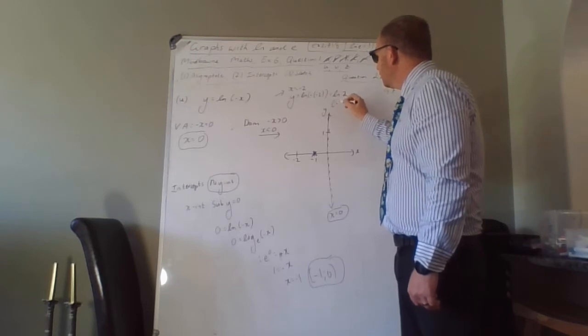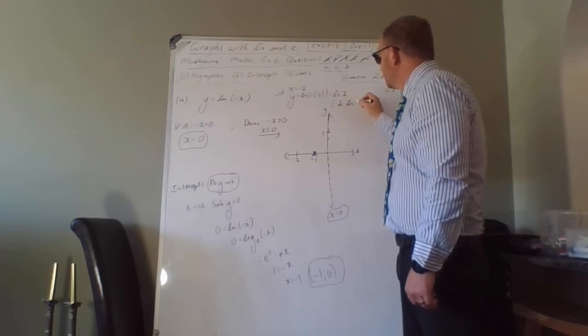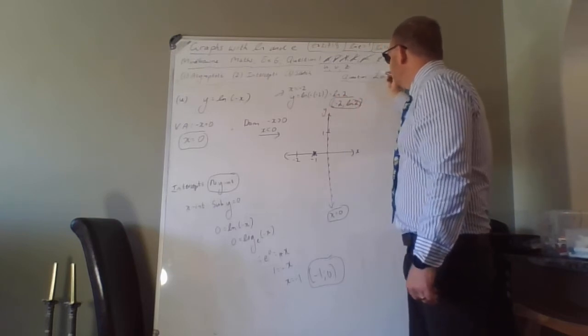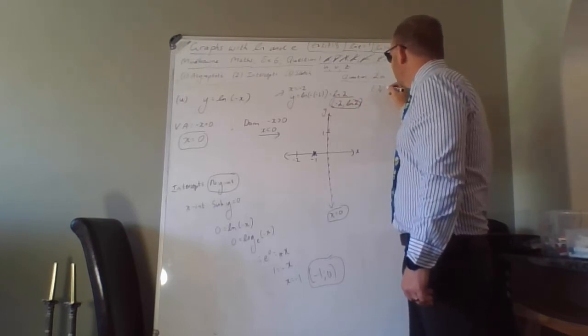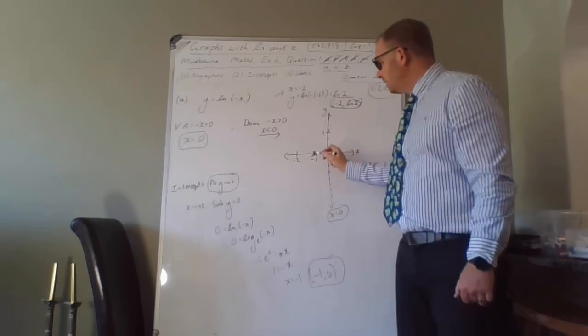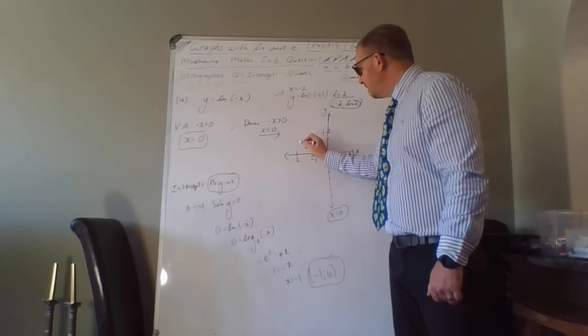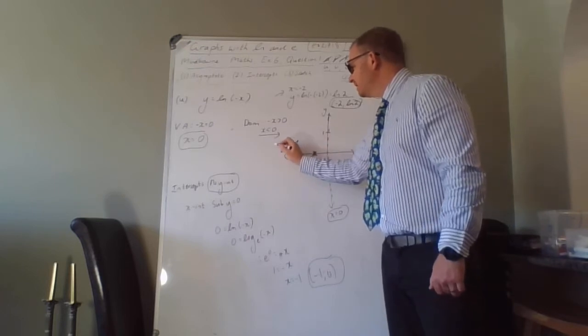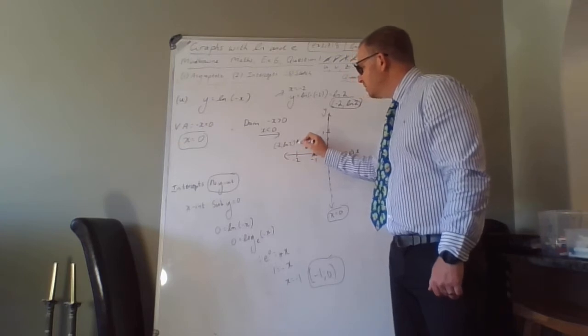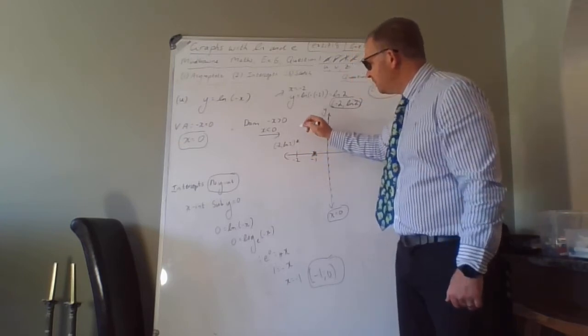So this graph goes through the point negative 2, ln 2, and ln 2 is approximately 0.7, so it's going to go through negative 2, 0.7 roughly, which is over here. I'm going to label it though as negative 2, ln 2. So my graph goes through that point and that point.